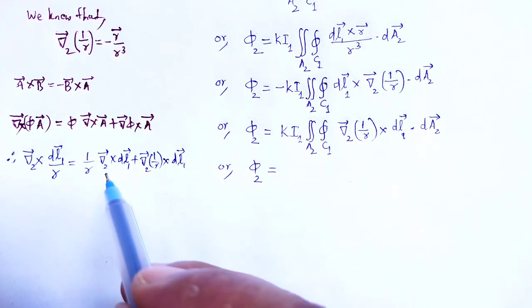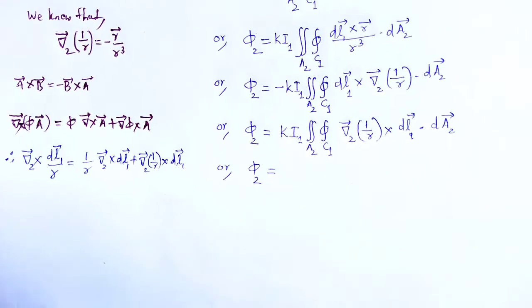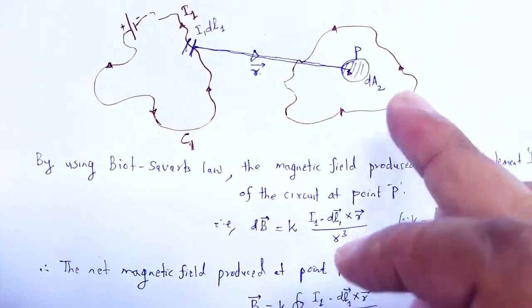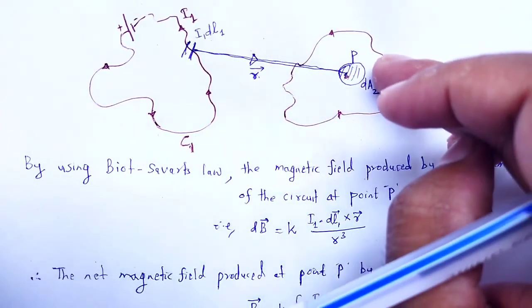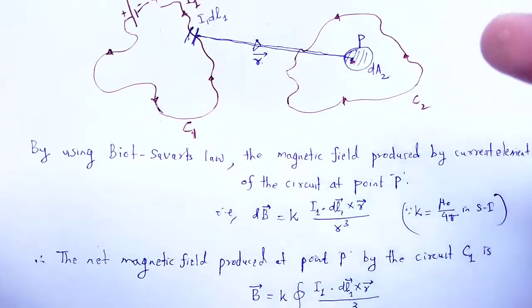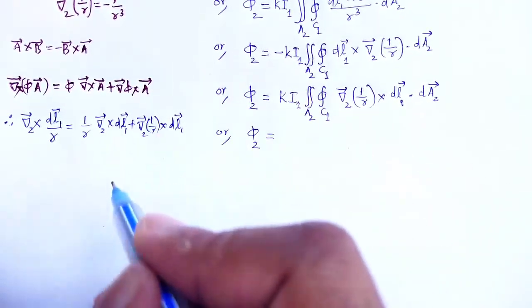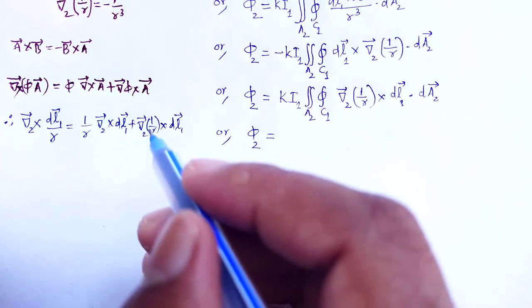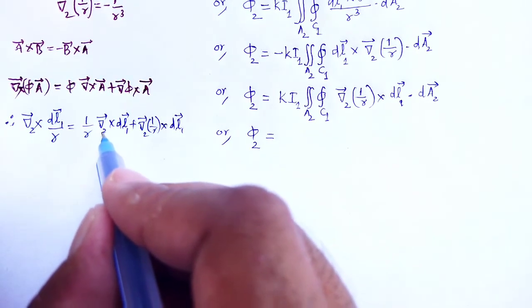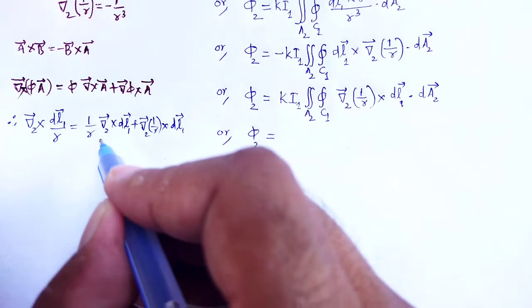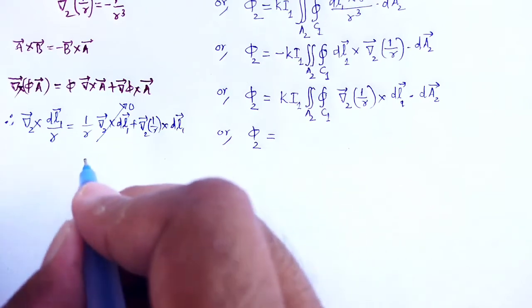Look here, grad 2 is not a function of x1 y1 z1, as for circuit C1 the coordinates are in terms of x1 y1 z1, and for circuit C2 the coordinates are in terms of x2 y2 and z2. Therefore, grad 2 cross dl1 will be 0. Why?